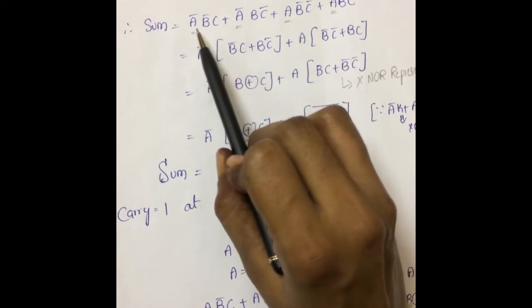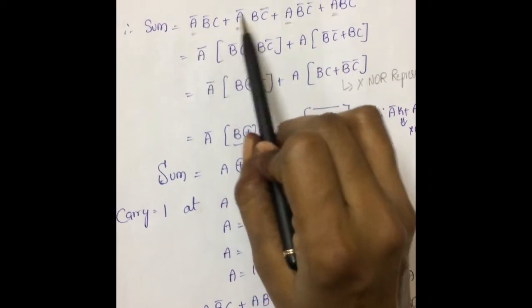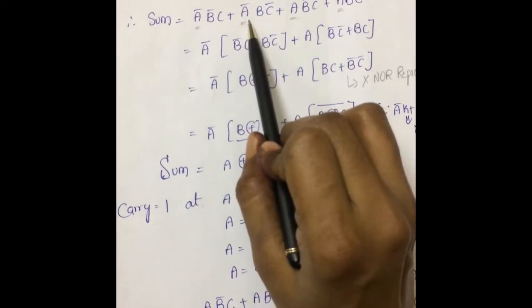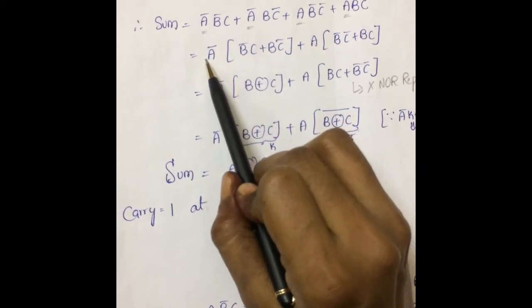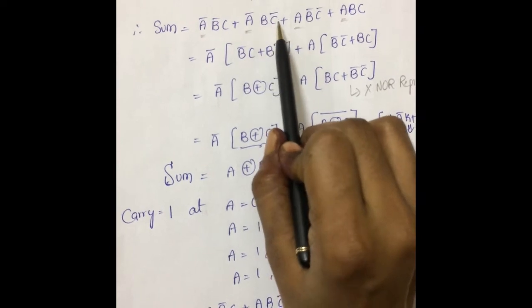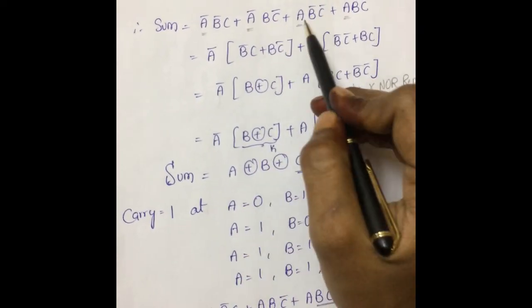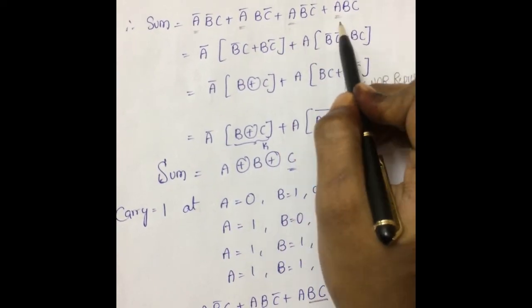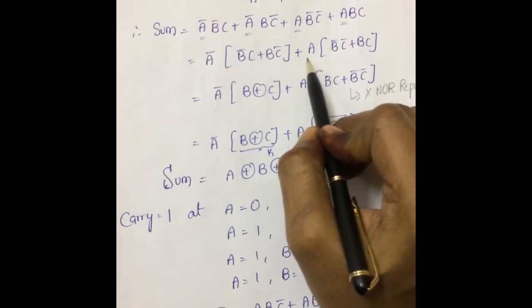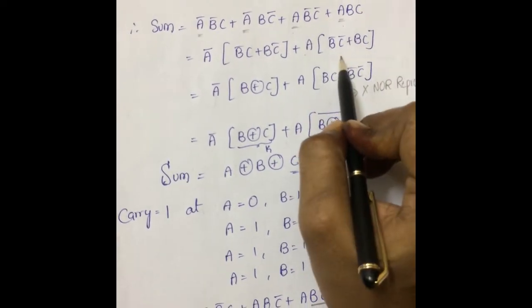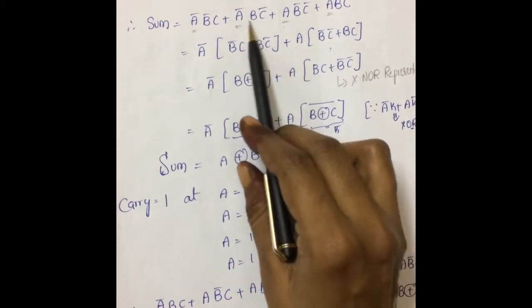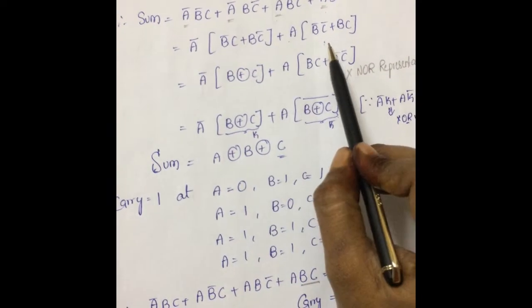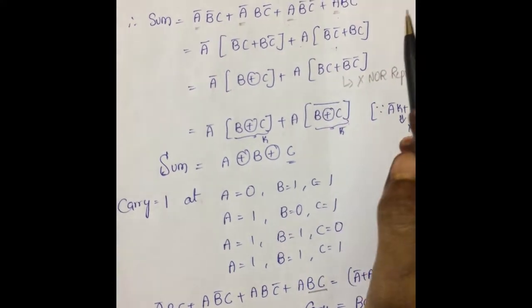Now if we look keenly, A bar is common in the first two cases. So A bar is taken as common. After A bar, B bar C plus B C bar is there, that we have written. Here also A is common, so A is taken as common and the remaining terms we have written. Now this is the notation for XOR, as we know, and this is the notation for XNOR.